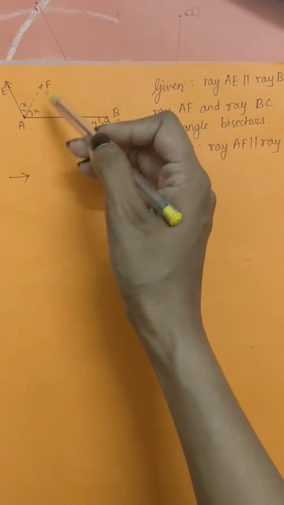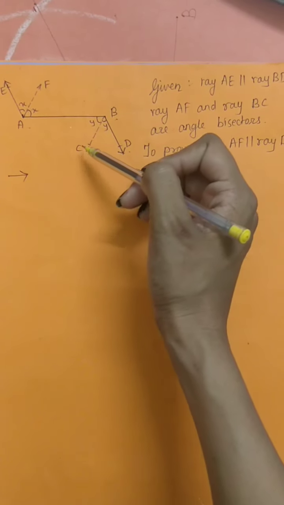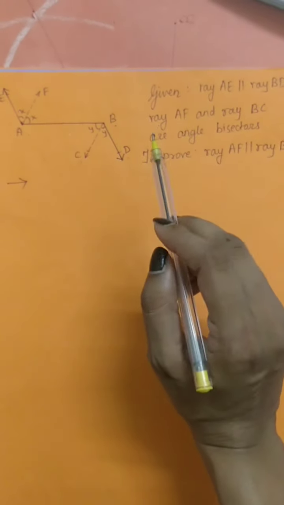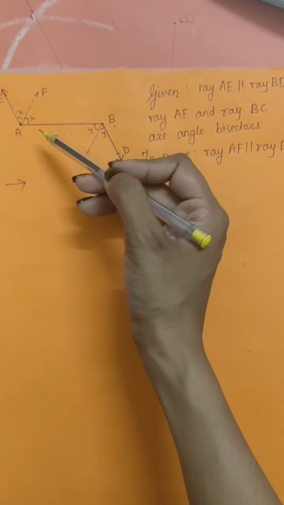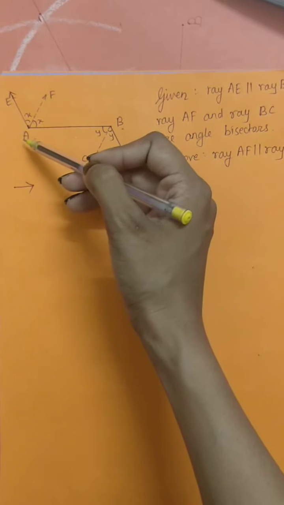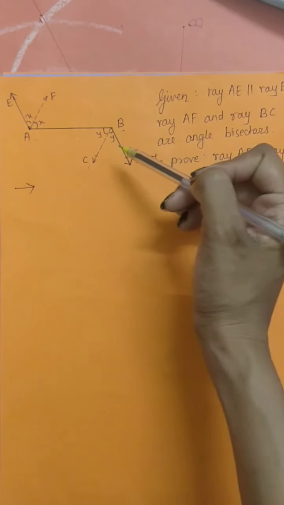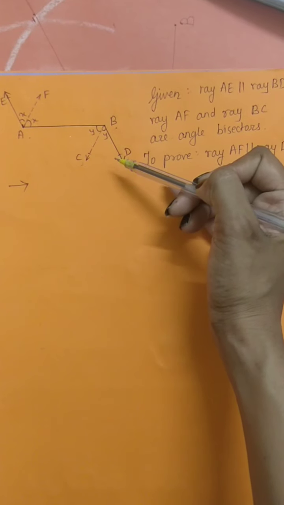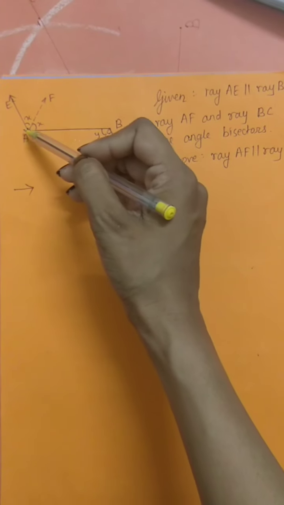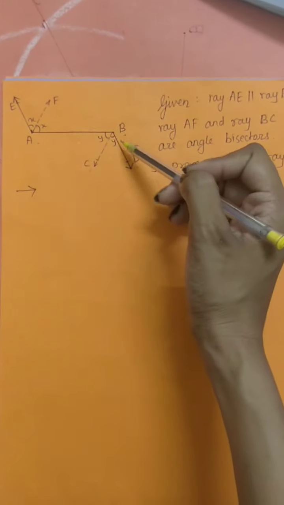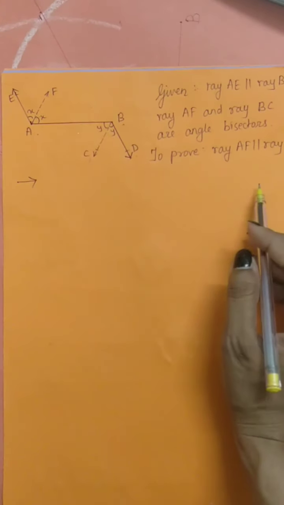Now, when the lines are parallel, we have learnt one very important property, that is, when the angles formed by these parallel lines and transversal are congruent, which angles, alternate angles are congruent, then the lines are parallel.